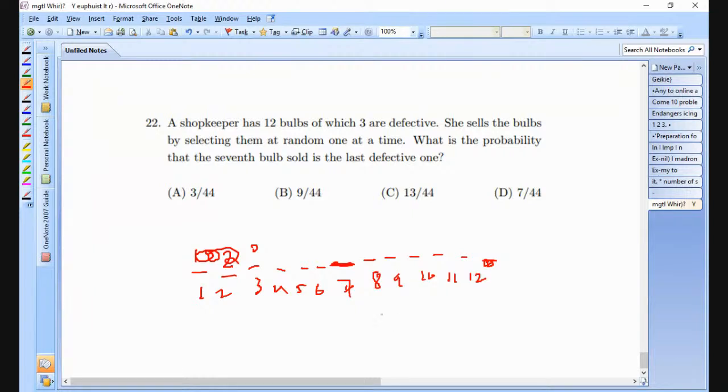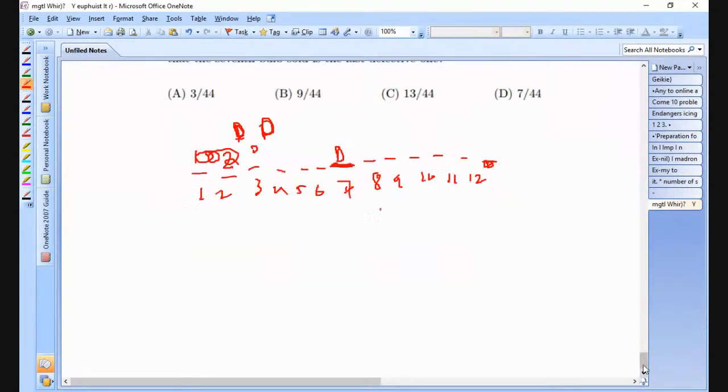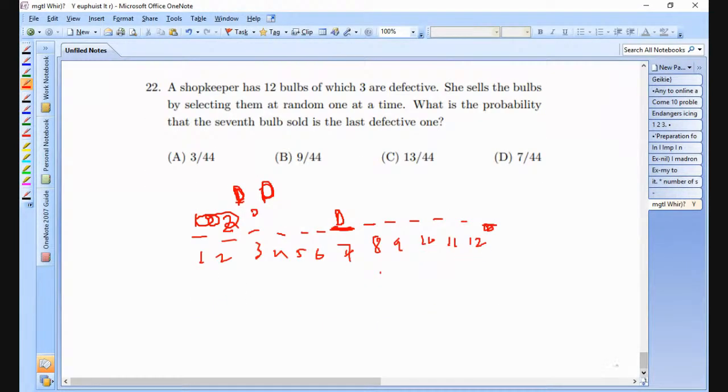It's telling that there must be a D here, and there are 3 defectives, so the previous 2 defectives must be among the first six. How can we arrange that? 3C2 into 9C4 divided by 12C6, and for the last defective in the 7th place, into 1 by 6, since only 1 defective is left and 6 bulbs are left.